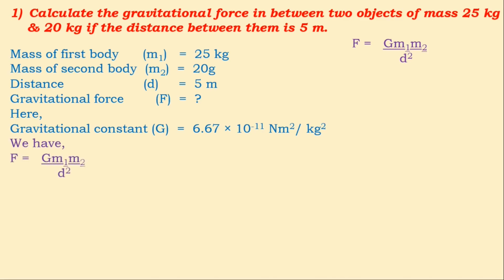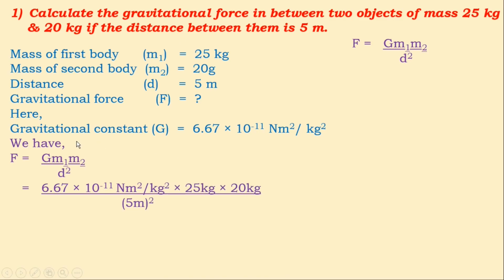Look, we have F equal to G m1 m2 by d square. Now we are going to write the values of capital G, m1, m2 and d. This is 6.67 into 10 to the power minus 11 Newton meter square per kg square, the value of capital G, and m1 is 25 kg, m2 is 20 kg, and d is 5 meter, and d square means 5 meter square. It will be better to take the numbers together: 6.67, 25 and 20.